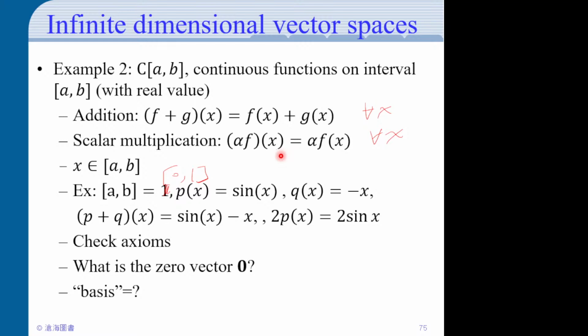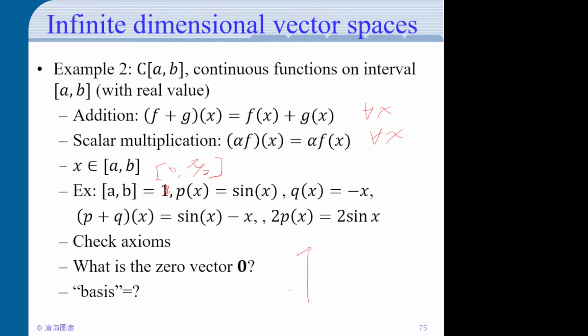So we can think about maybe a and b being the 0, 1 interval. Actually, let's make this a little easier because I have sin x here. So let's say a and b are 0 and pi over 2, to make the drawing easier.